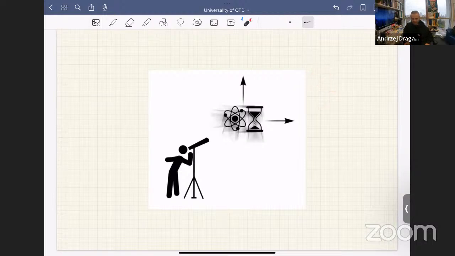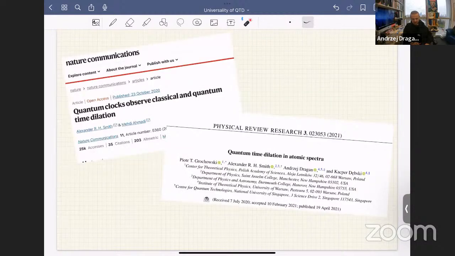This question was first asked by my former postdoc and a friend of mine from Dartmouth, Alex Smith and Mehdi Ahmadi, and they wrote a paper about this, where they asked what happens when you take a clock and put it in a superposition of two different motions. And they observed something that was called quantum time dilation.